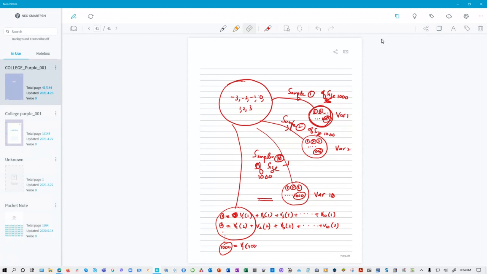V1 has 1001 values, v2 has 1001, v3 has 1001, up to v10 with 1001. I'm going to put a star for that one: 1 star, 2 star, up to 1000 star. If you draw the distribution for this one, it looks uniform.